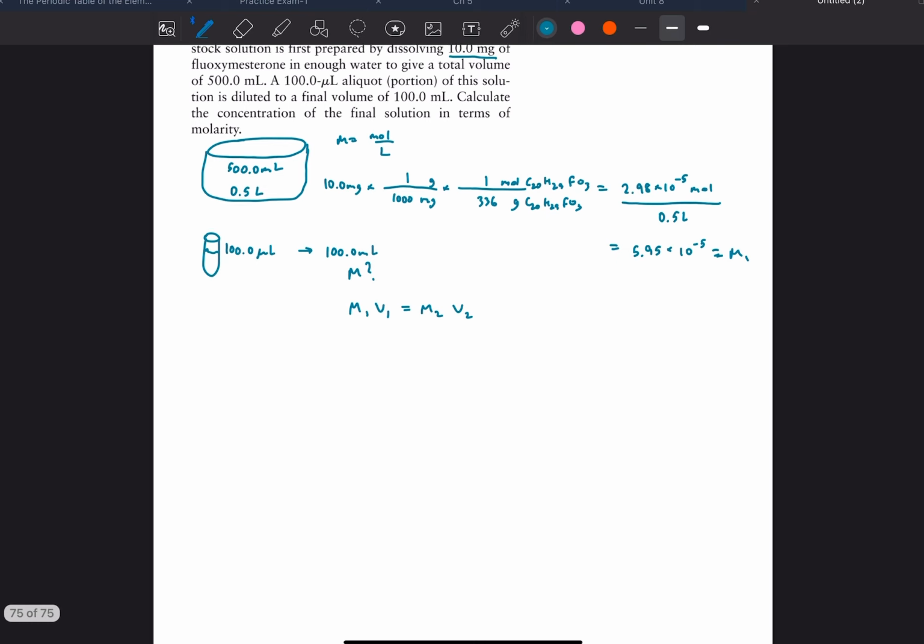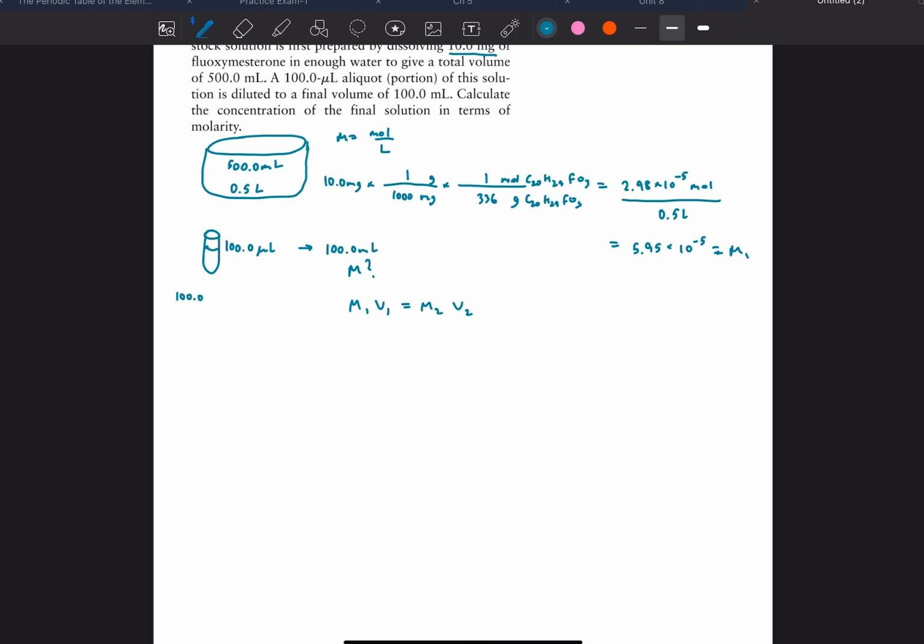So let's first convert these 100 microliters into liters. So we know that it's 10 to the 6th microliters for every 1 liter. This is going to give us 1 times 10 to the negative 4th liters. And this is equal to our V1.